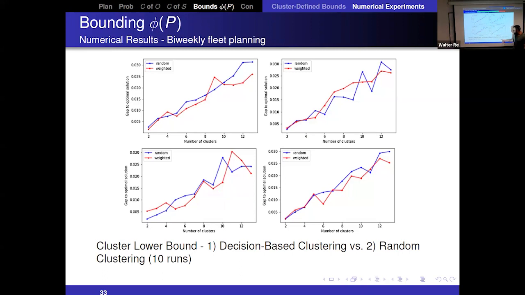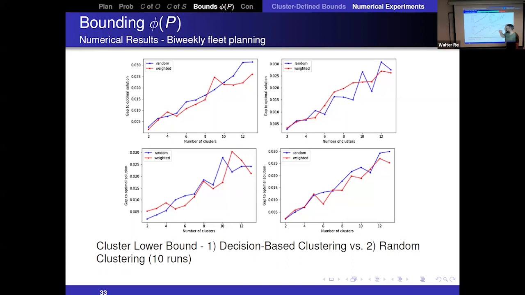What was interesting to see here is that by maximizing the dissimilarity when we construct the scenarios... again, the way these two are compared: the random is 10 runs, so you're performing the clustering 10 times, whereas the decision-based is a deterministic approach, so you're doing it only once. It's one single run.